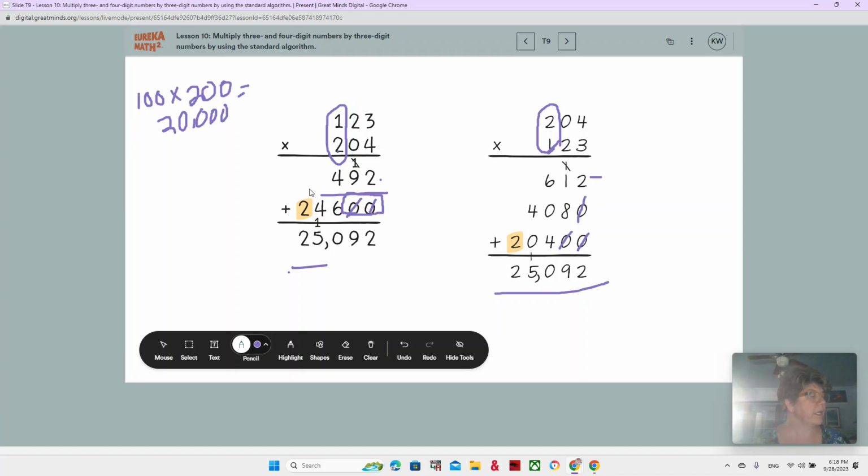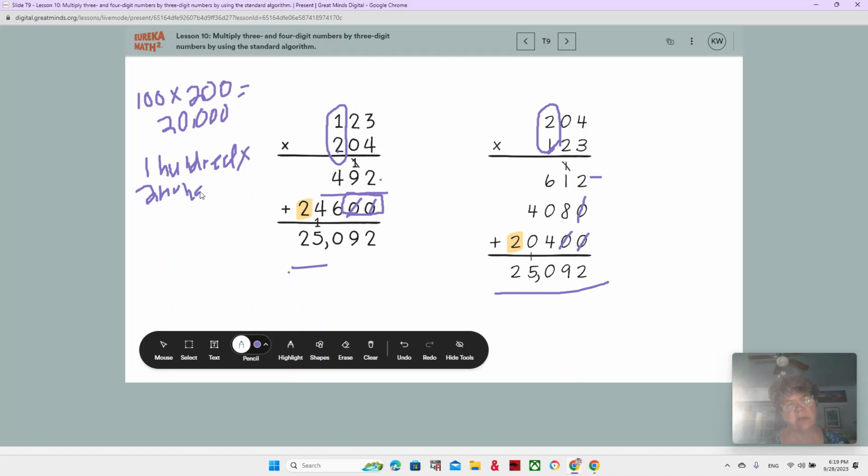Okay. If you were thinking in unit form, we could ask ourselves, what is 100 times 200s, right? And in standard form, we could think about 100 times 200, like we did here. We could also think about 100s times 200s. Okay, which one of those is easier for you to think about?